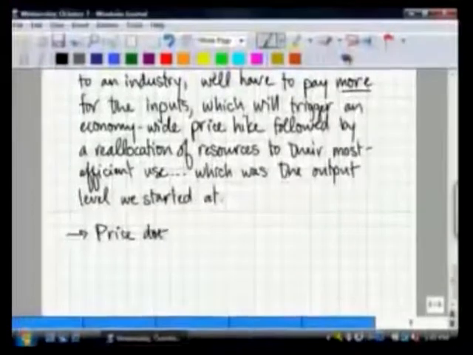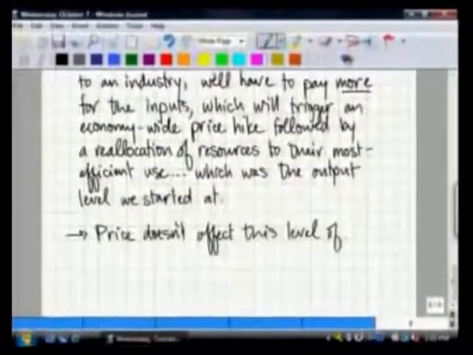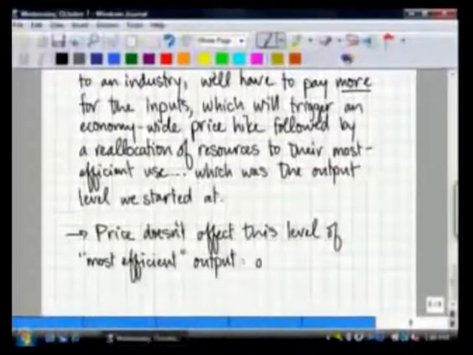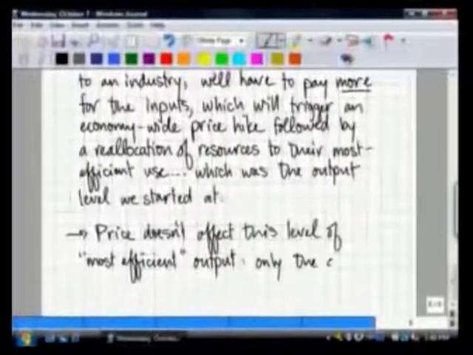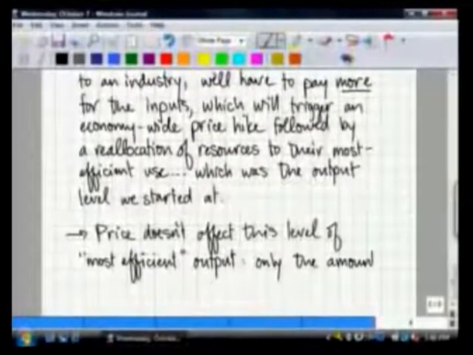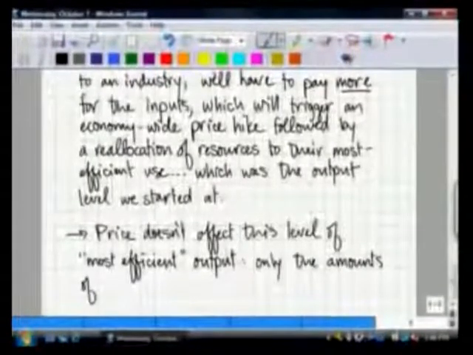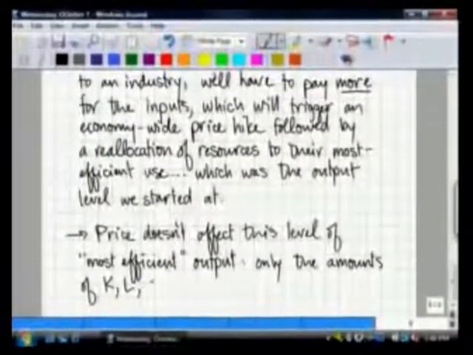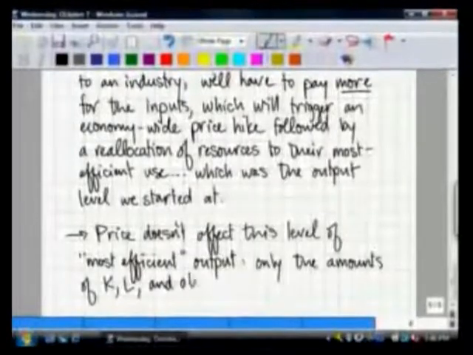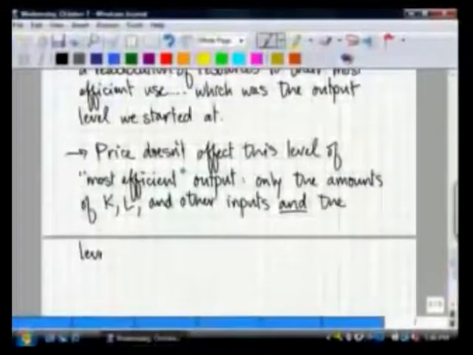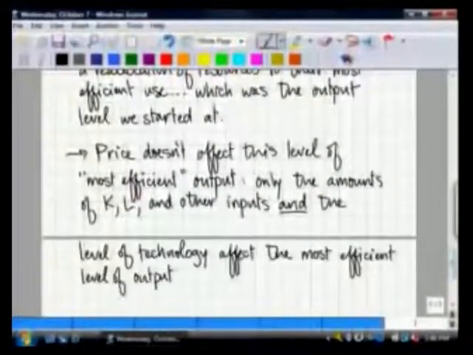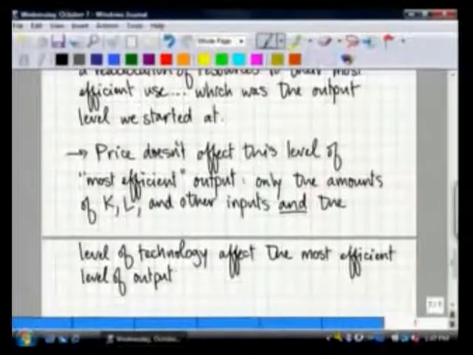Price doesn't affect output. This level, I'm going to be very specific, this level of most efficient output, only the amount of capital, labor, and other inputs, and the level of technology affect it.